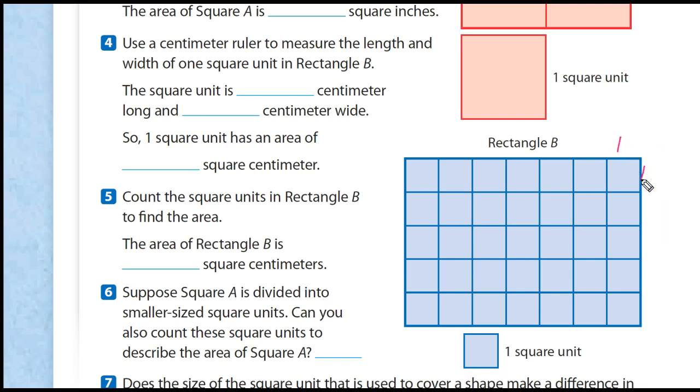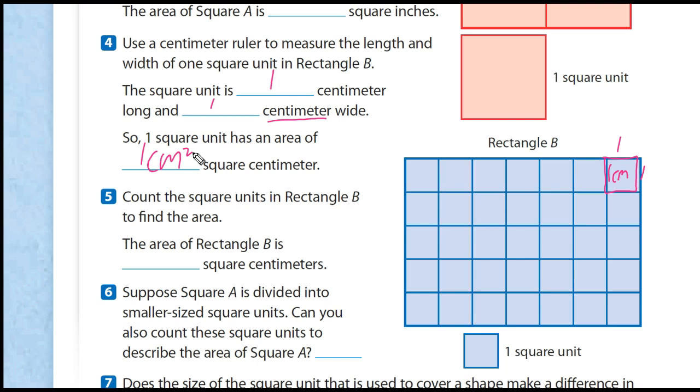So the area of this particular square is how much? 1 cm, because we're looking at centimeters. So the square unit is 1 centimeter long and 1 centimeter wide. So the area for that particular square, for just 1, is 1 square centimeter. So it's going to be 1 cm with a little 2 right there. That's later on you find it.